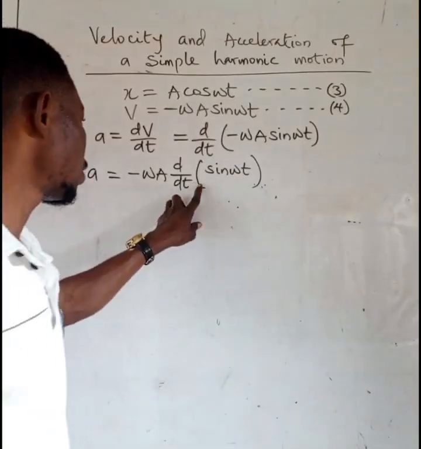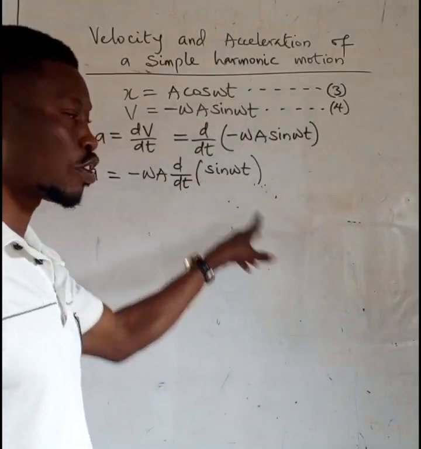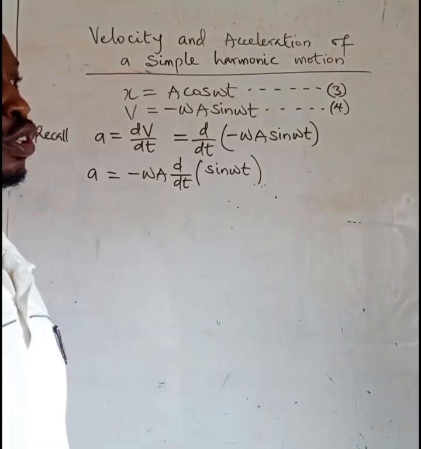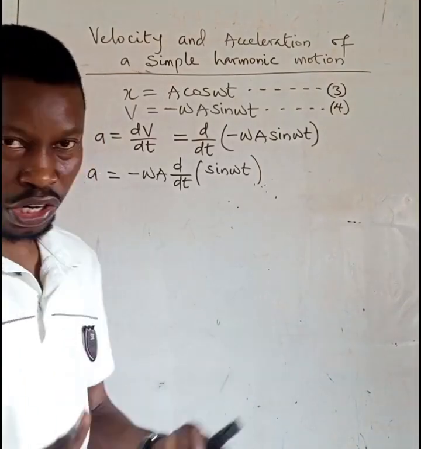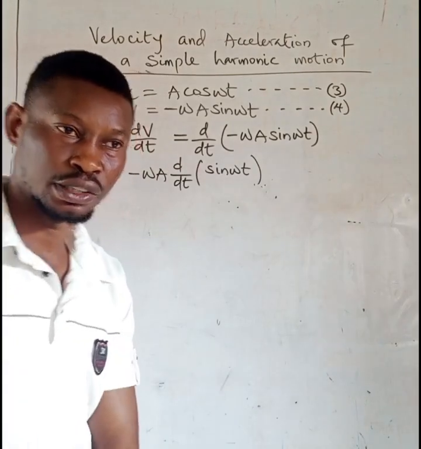Once again, this leads us to the differentiation of a function of a function, which I explained in the previous video. But for more clarity, I'm going to explain it again.